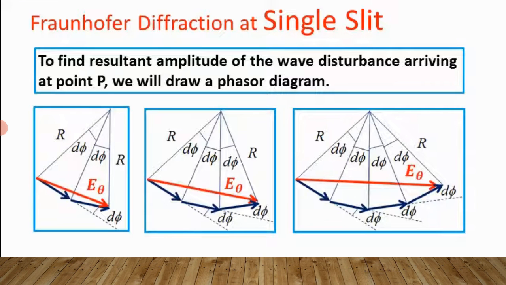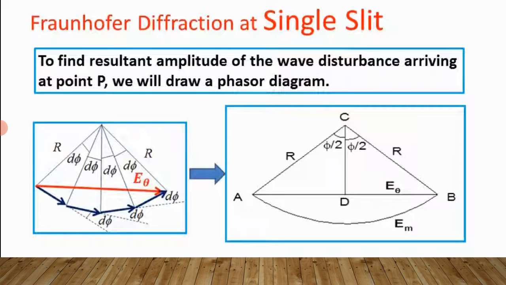R and E theta is the curve distance d phi. So AB is the chord of a circle and it shows the resultant amplitude E theta.